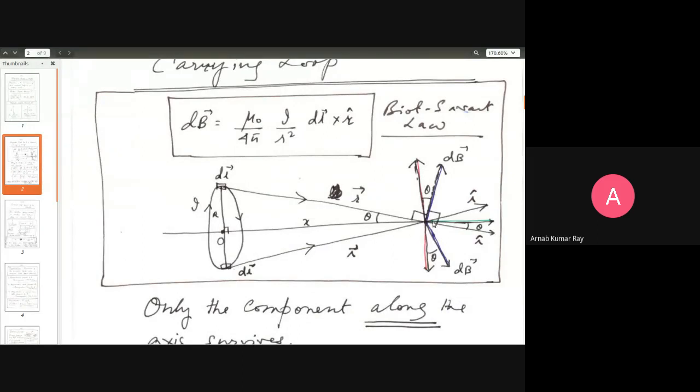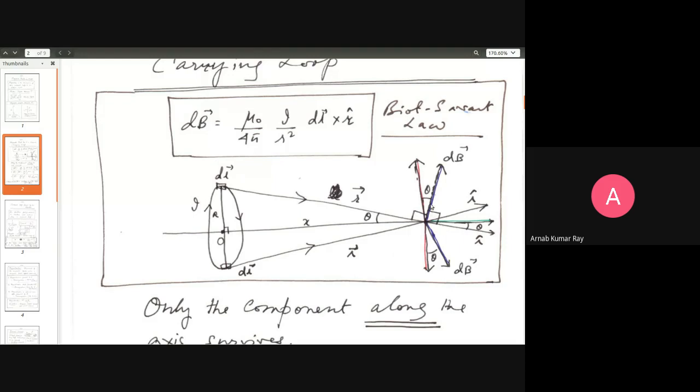So r cap is pointing this way, dl is going inside, and so dl swept onto r cap will give you this dB direction. This is the simple law of cross products: the direction of the product vector.